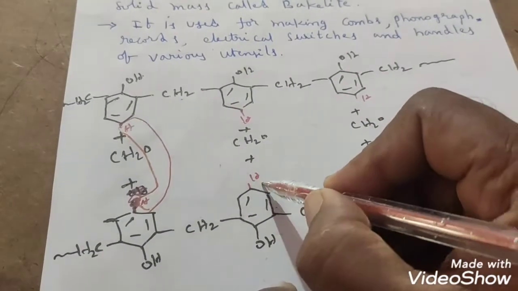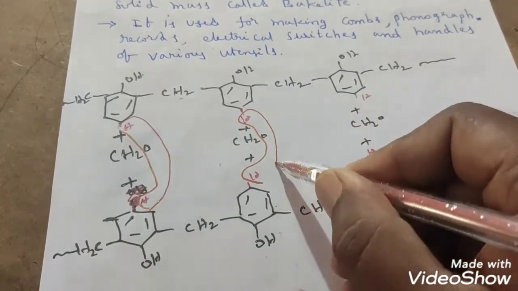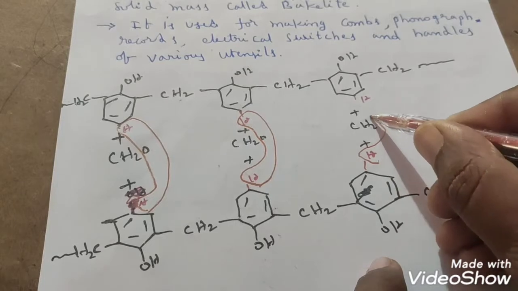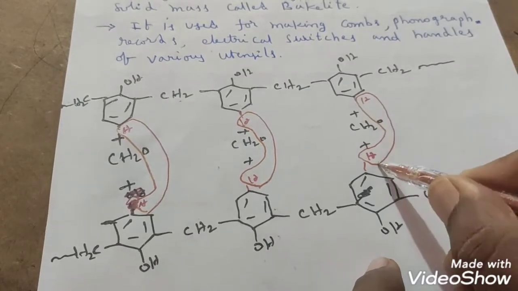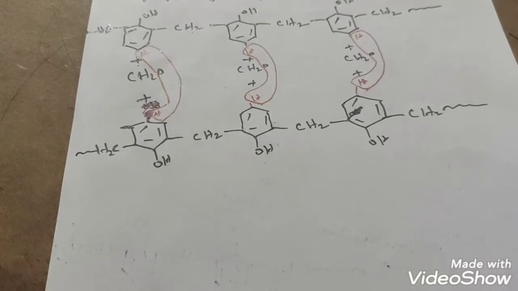Correct? And from this position hydrogen, from this position O, and from this position hydrogen removed as a water molecule. The same again. Then at last you will get the Novolac structure.